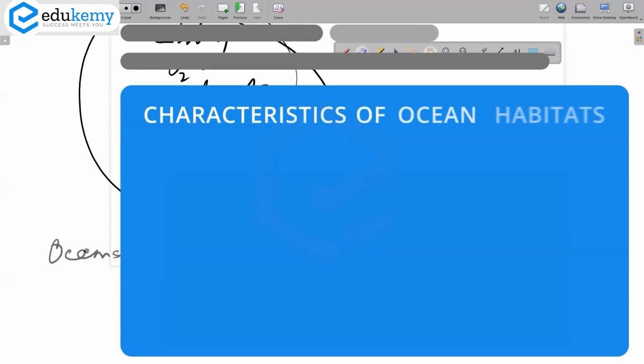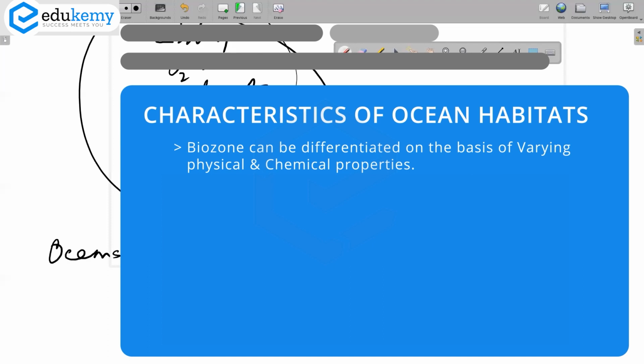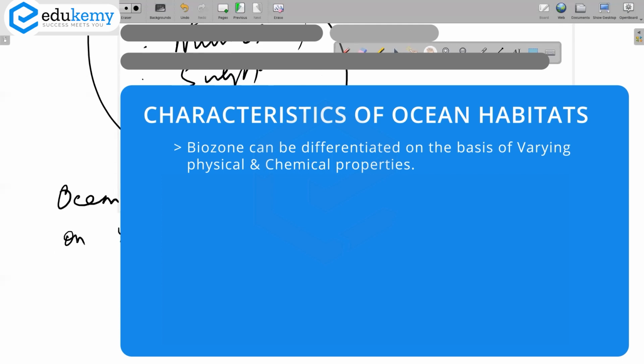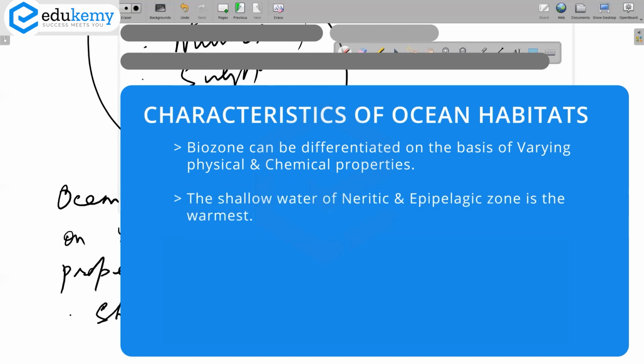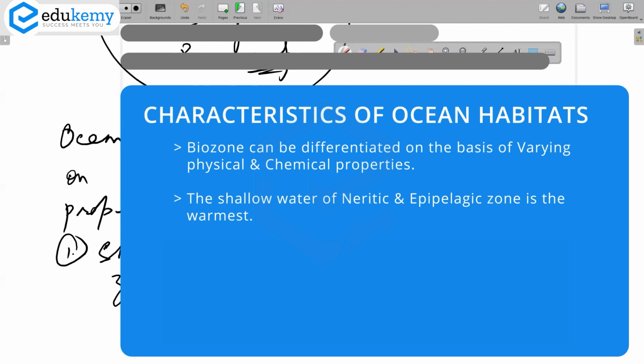We say oceans, biozones can be differentiated on the basis of varying physical and chemical properties. The shallow waters of the neritic and the epipelagic zone is the warmest.